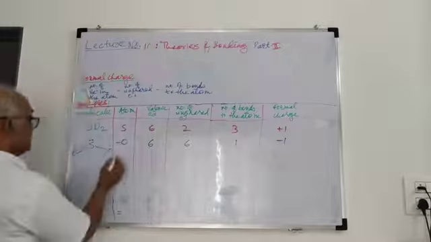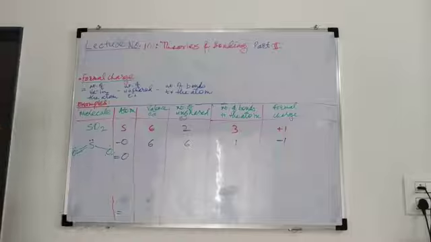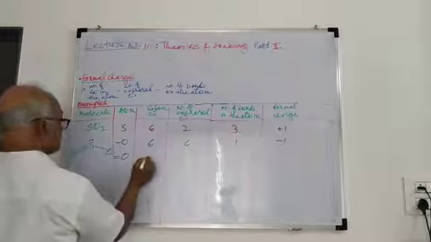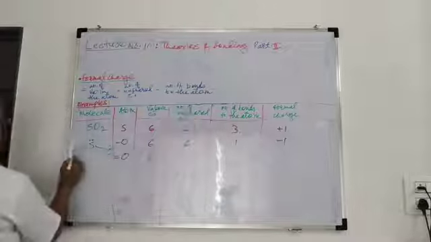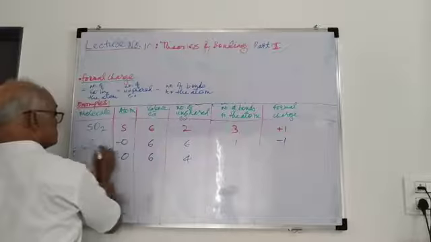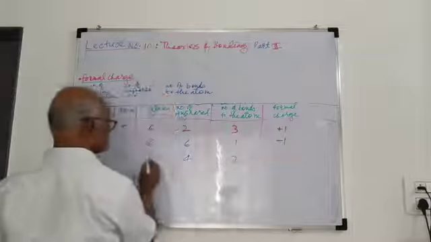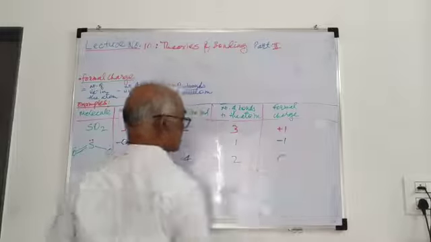Okay. Then there is another type of oxygen, this one with double bond. It also has 6 valence electrons. The number of unshared electrons is 2 plus 2, 4. The number of bonds is 2. So 6 minus 4 is 2, minus 2 is 0.